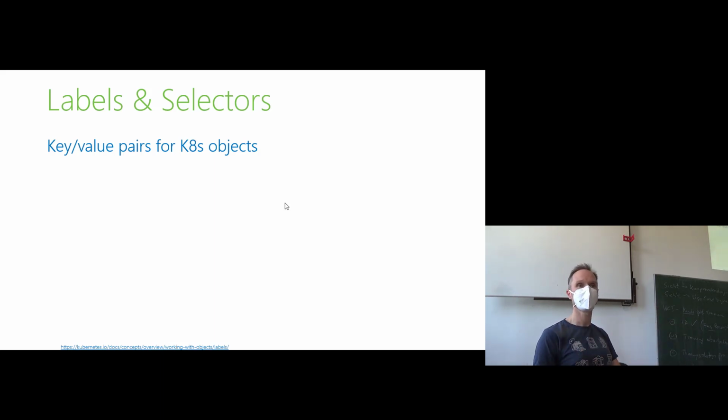Kubernetes works differently. Kubernetes assigns every object in Kubernetes a collection of keys and values, key value pairs. Let's call them tags. You can say this pod has the tag application, I don't know, pocket calculator, environment, test, developer, XYZ.